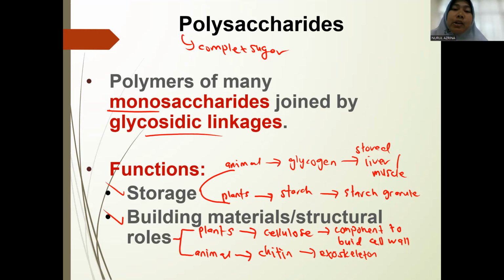Exoskeleton atau bahasa Melayu kerangka luar. Kerangka luar siapa? Kerangka luar of animals, for example, spider contohnya. Spider dia punya kerangka macam kita, kerangka kita ada tulang. So kerangka dia adalah dibuat daripada chitin, to build the exoskeleton of insects ataupun spiders.